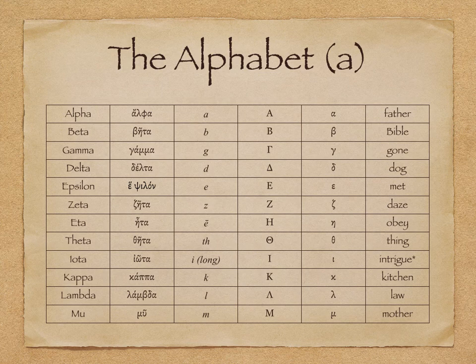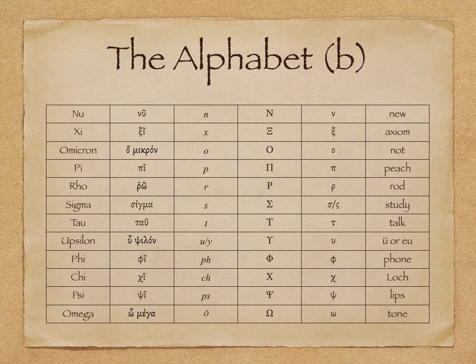Kappa, K as in kitchen. Lambda, L as in law. Mu, as in mother. Nu, N. And here notice the Greek lowercase nu looks like the English V, but that's the Greek nu, N.